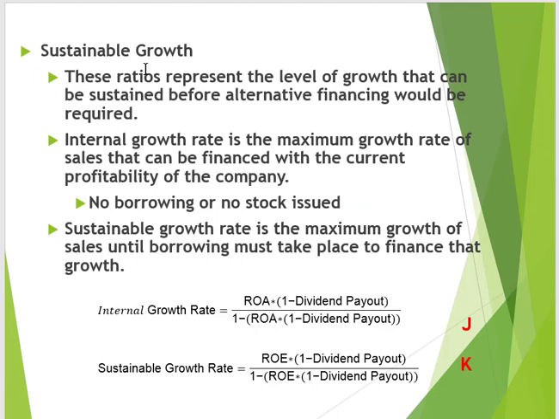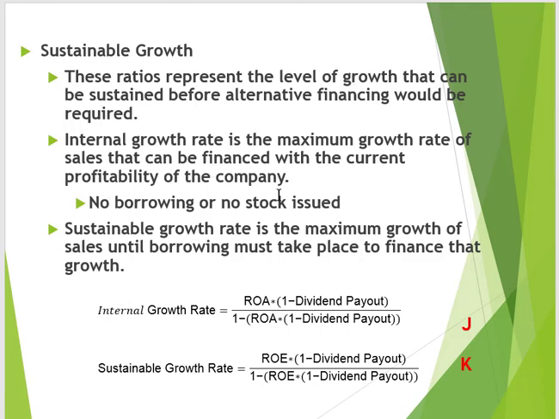Sustainable growth refers to where we get the money to finance these things. So they represent the level of growth that we can sustain before alternative financing is required. The internal growth rate is the maximum growth rate of sales that can be financed with profitability, right?